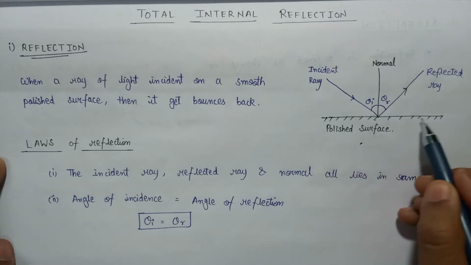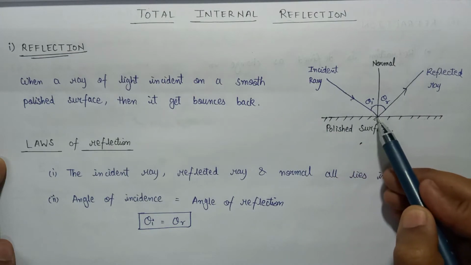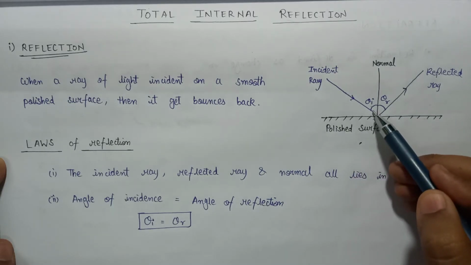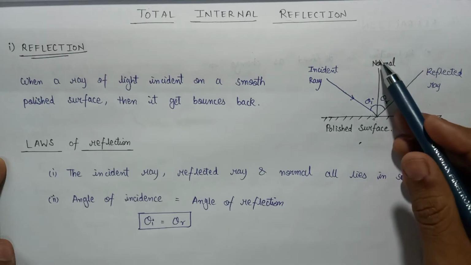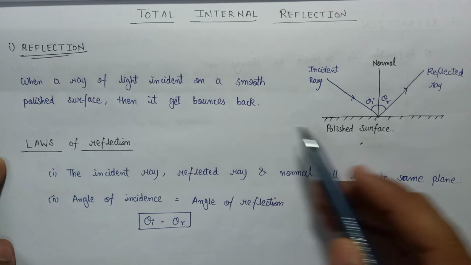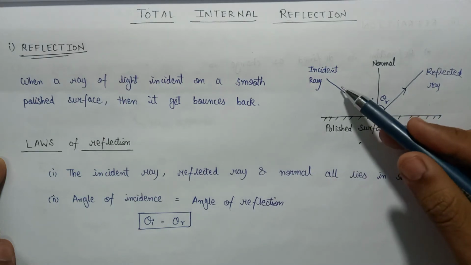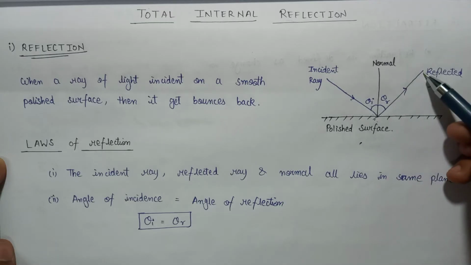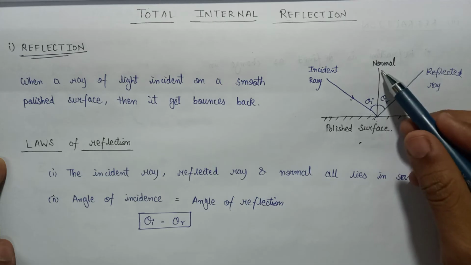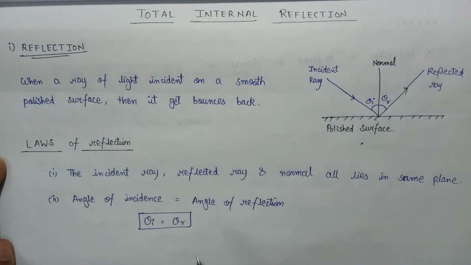So here is a smooth polished surface and this is the incident wave which gets incident on this surface, and it makes an angle of theta I with this normal. Since this bouncing back happens at this point on the surface, the incident wave will get reflected in this direction, making an angle of theta r with the normal. And this phenomenon is known as reflection.